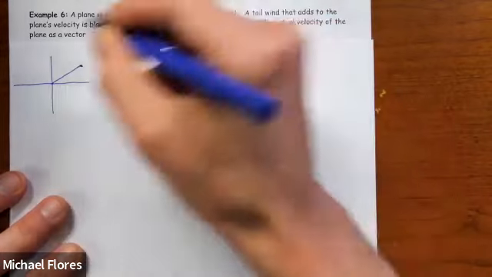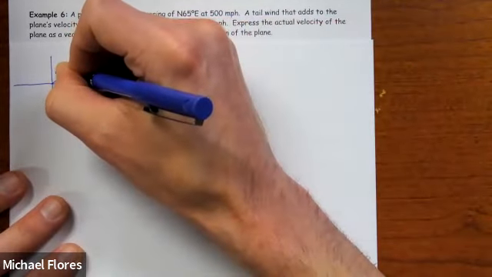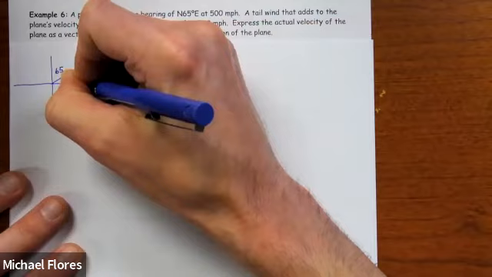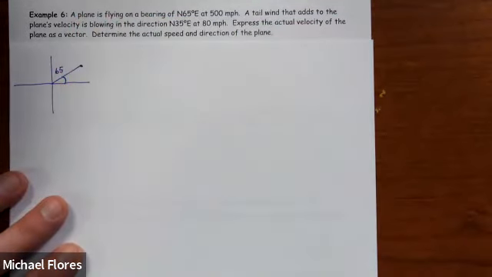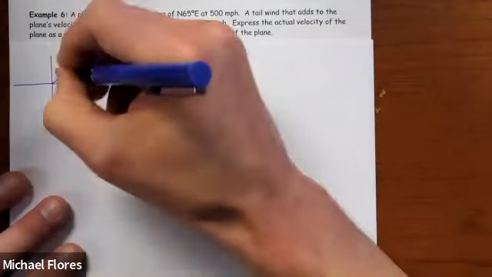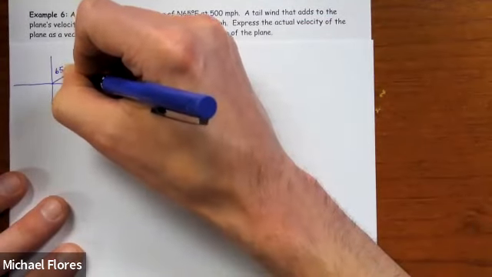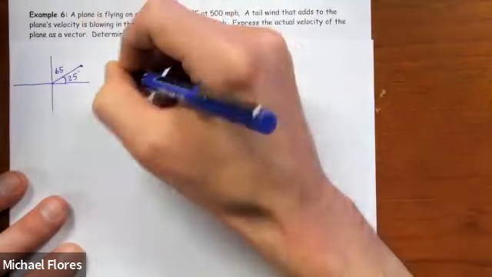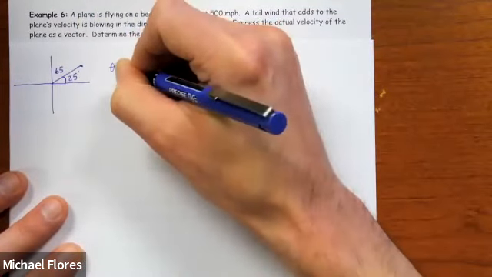That is this angle here, but we need this angle there. So we would need to do 90 minus 65 in order to get that angle, which would give us 25 degrees. So that's the angle theta that we're working with here.